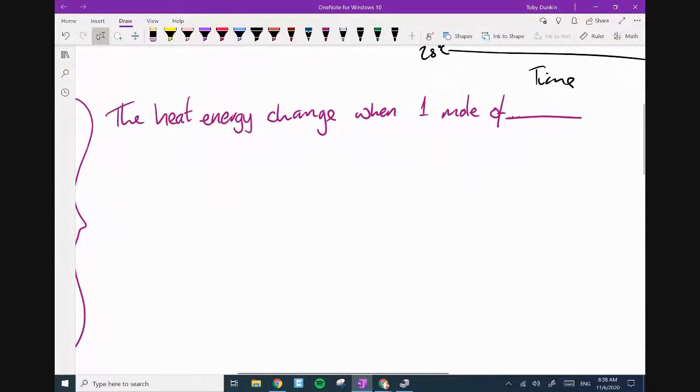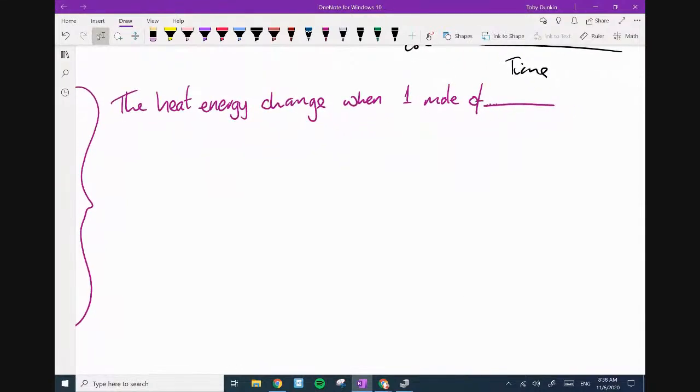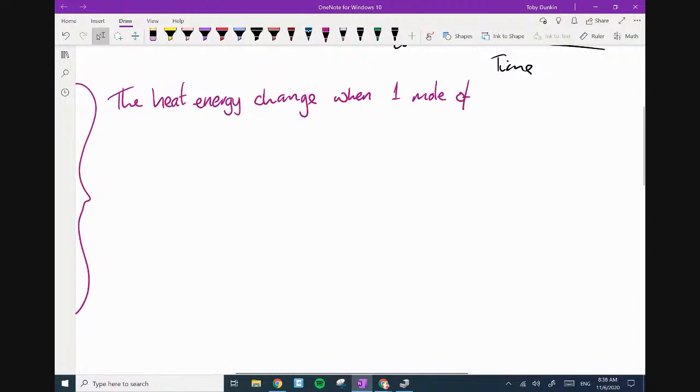The heat energy change, I'm going to frame in purple, and then add my other words in to show you the difference between them, and then switch back to purple.